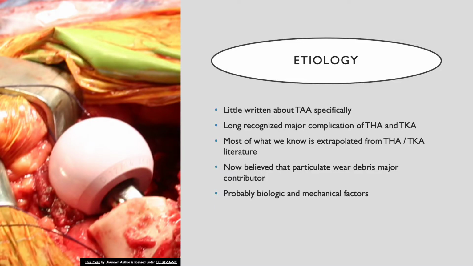There's been little written specifically about aseptic loosening and total ankles, although it's been a long recognized major complication of total hips and total knees, and so therefore most of what we know is extrapolated from the total hip and total knee literature. It's now believed that particulate wear debris is the major contributor, but there's also probably biological and mechanical factors.